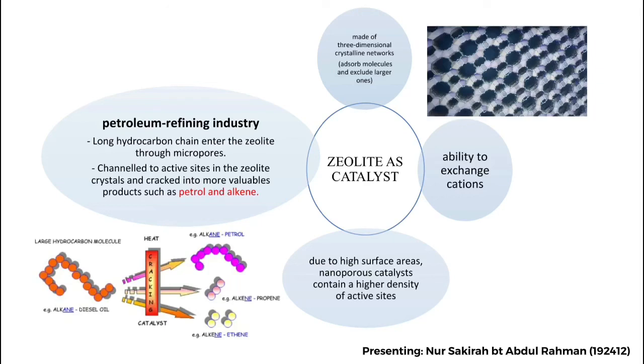Then cracking happens, and this very long hydrocarbon molecule will crack into shorter and more valuable products such as petrol and alkene. Then I'm going to continue by showing you the video on how zeolite works.